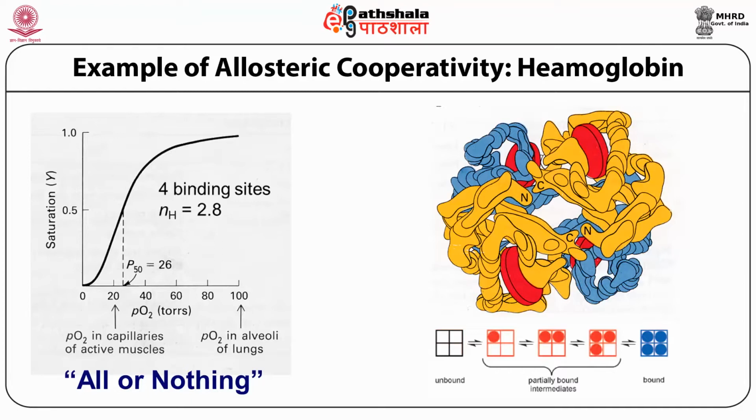That is what you see in the saturation versus oxygen pressure curve. It is a quite steep transition, and eta H equals 2.8, which is positive cooperativity. It shows all-or-nothing behavior.